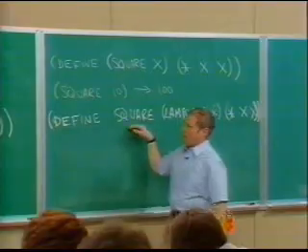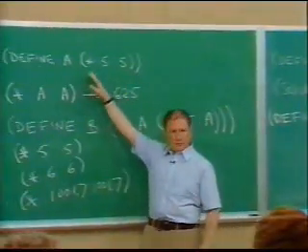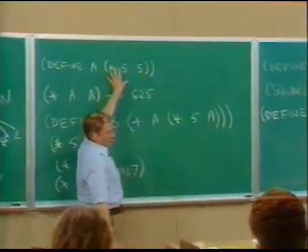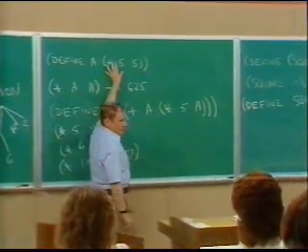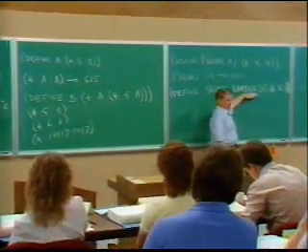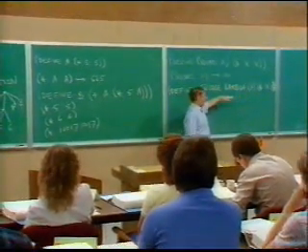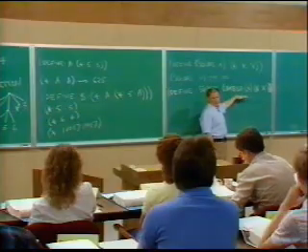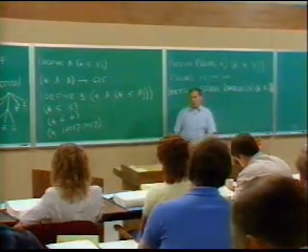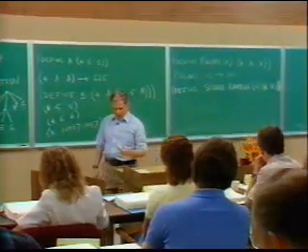Just like over here I'm naming something A. The thing I named A was the value of this combination. Here the thing that I'm naming square is this thing that begins with lambda, and lambda is Lisp's way of saying make a procedure. Let's look at that more closely on the slide.